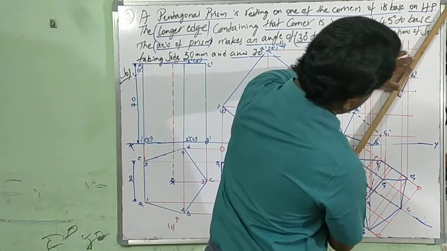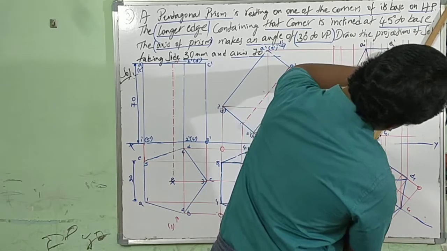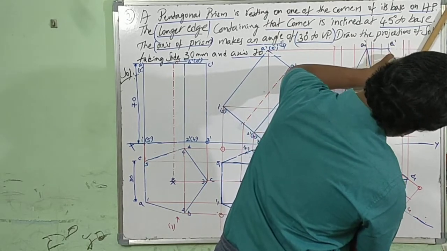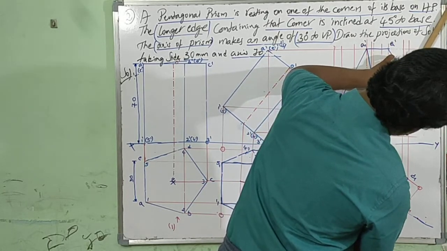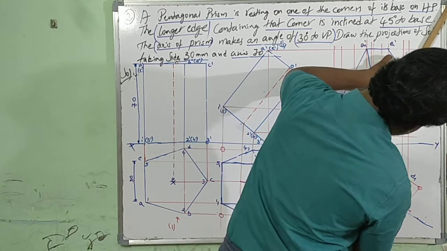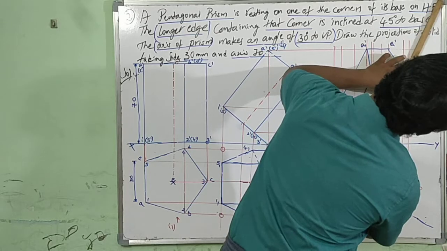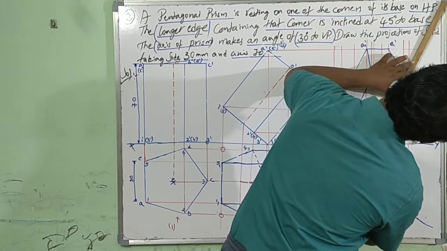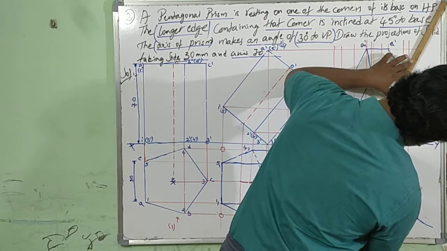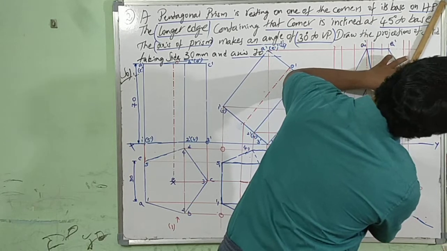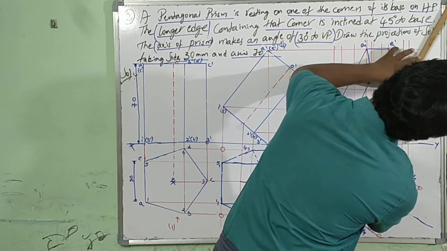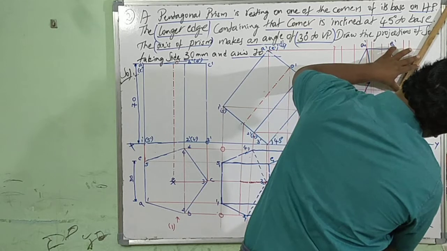Same way, C1 dash, 3, 1 dash. See my lines, can I see them clearly? Yeah.